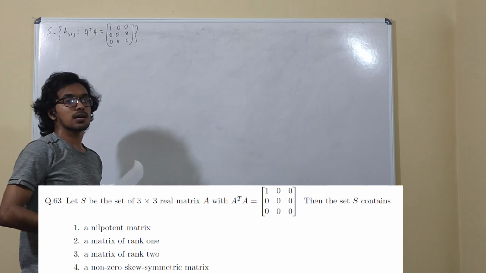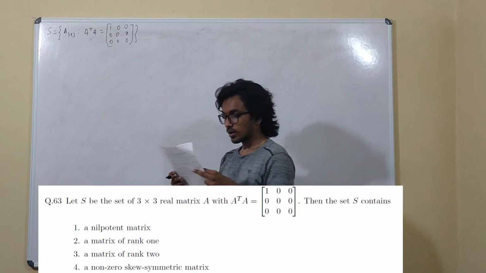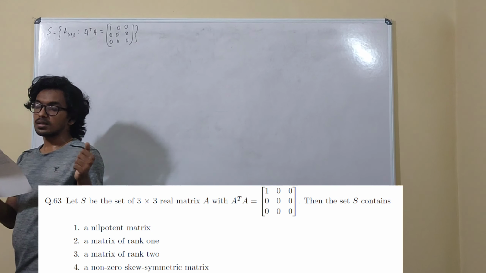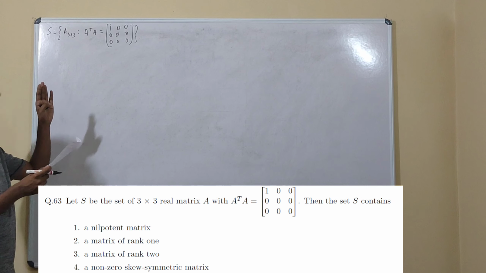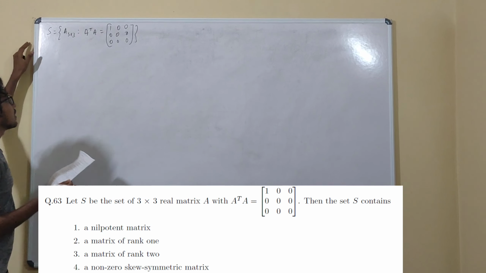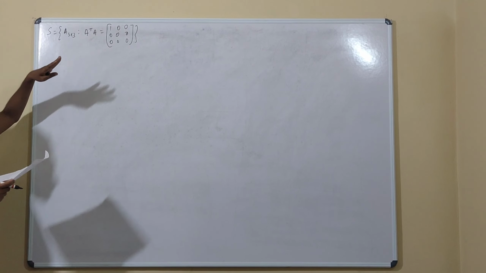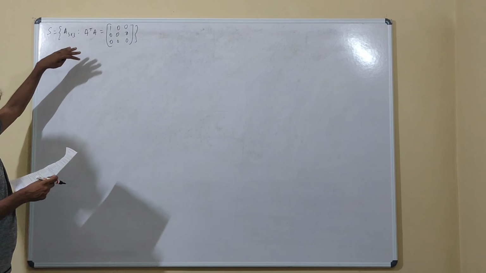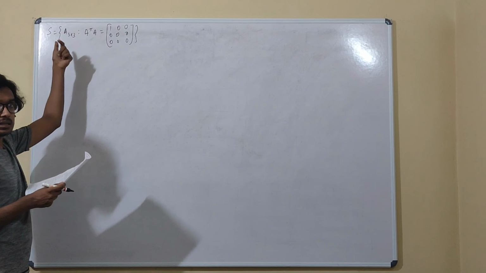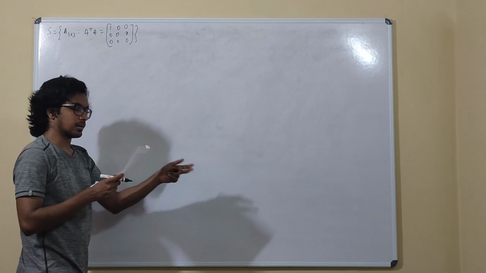Then some statements regarding this S are given, and we will have to check which of them are true. The first one, it is given that S contains a nilpotent matrix. Okay. They are not saying S is the set which consists of only the nilpotent matrices. S is the subset which consists of the matrices satisfying this condition. In the set, some nilpotent matrices are present.